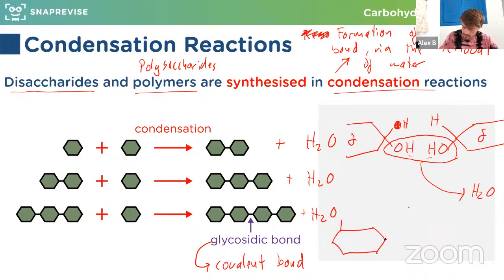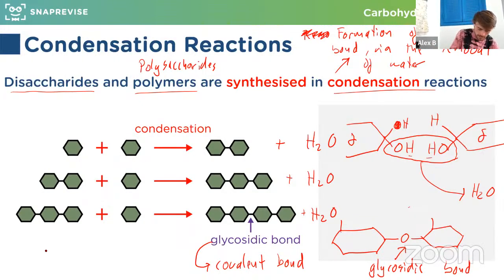So let's draw the whole thing. This would be carbon here, oxygen, and then we're straight into our other glucose molecule here. So that is a glycosidic bond. And if you zoomed in on this in even more detail, it would be a carbon bonded to two other carbons and a hydrogen, oxygen, and another carbon here, which has also got the same bonding.